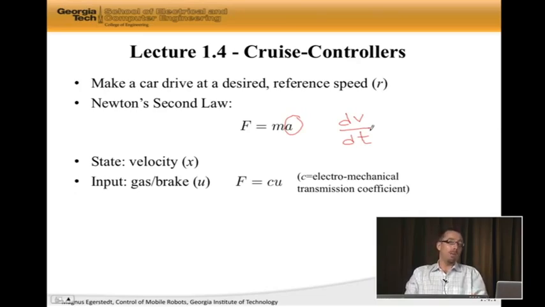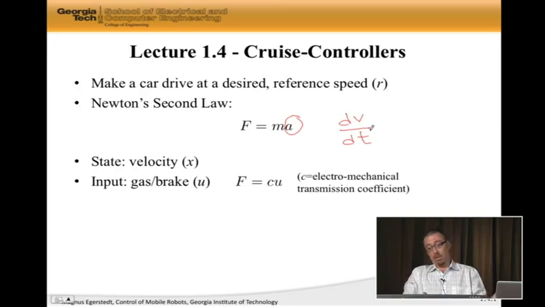Now, we're also going to have an input. When you're driving a car, if you're dealing with speeds rather than direction, the input is that you press the gas pedal or the brake. We're going to be rather crude and say we're mapping stepping on the gas or the brake onto a force applied to the car.